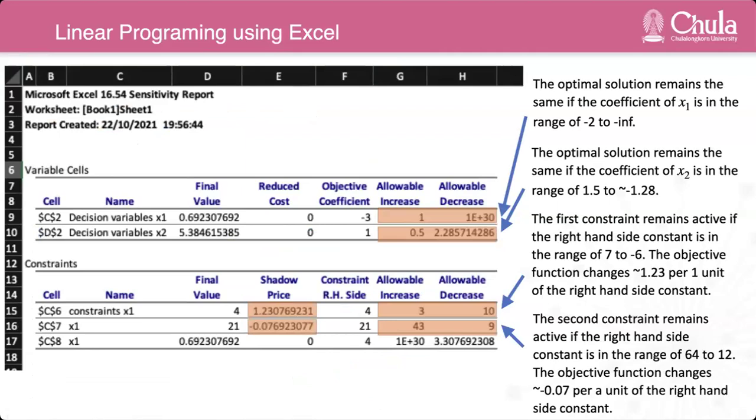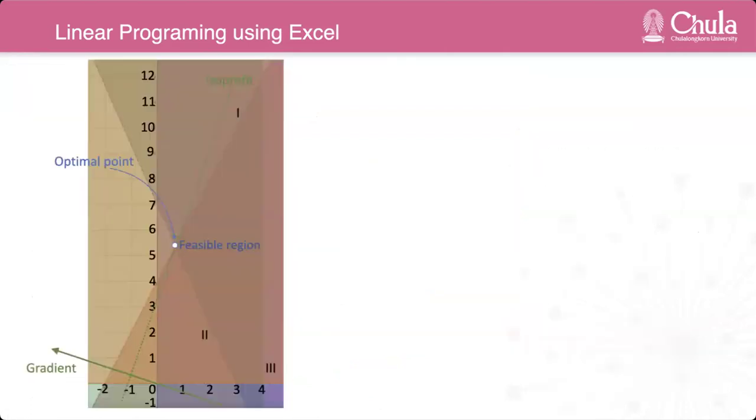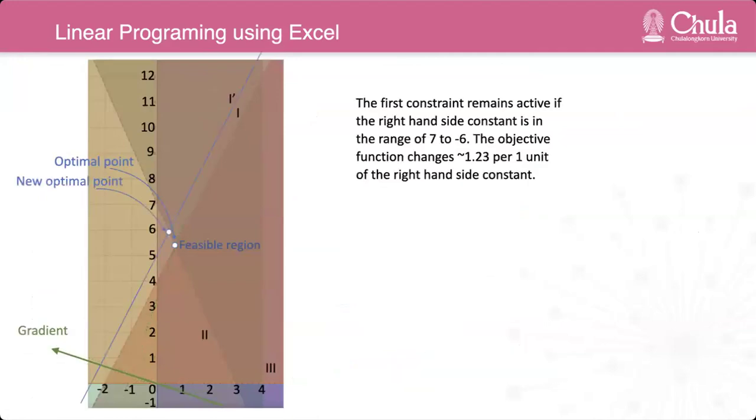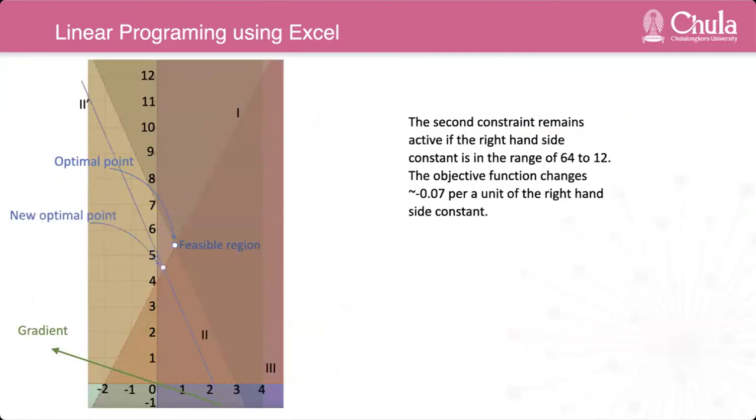And also shadow price. So take your time to read it and try to understand this. I explained already about the meaning of shadow price and also the changing of gradient and what happened.